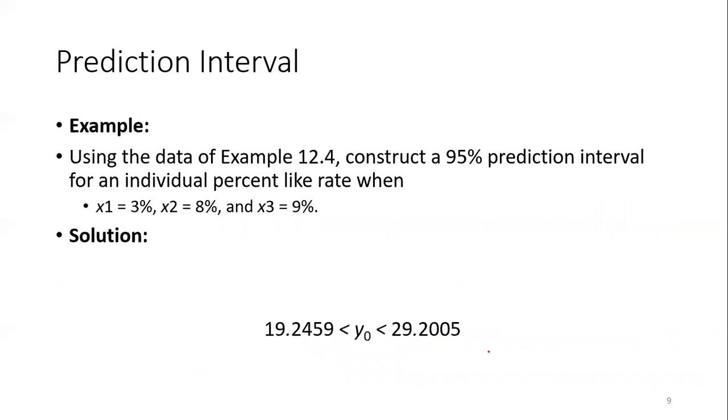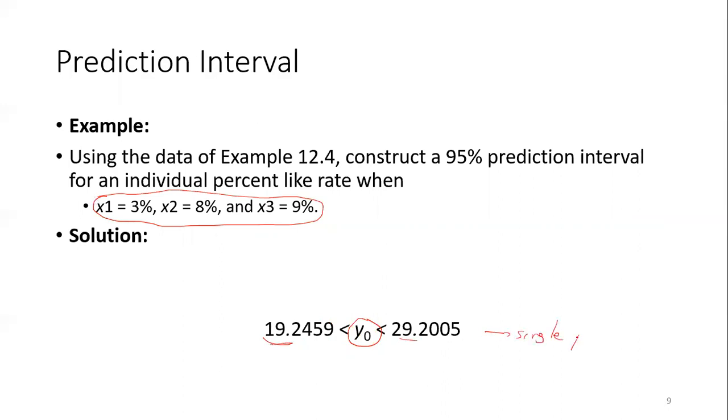So for our example, what is a prediction interval? It turns out that it's between 19.25 and 29.2. Okay, so if you're just making a food, okay, let's say where you just put 3% meat, 8% vegetable, and 9% spices for this night, well, its like ratio will be between 19.25 and 29. Okay, so this is for, again, what?